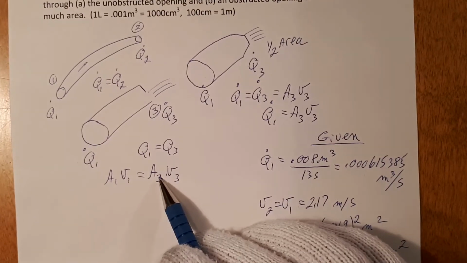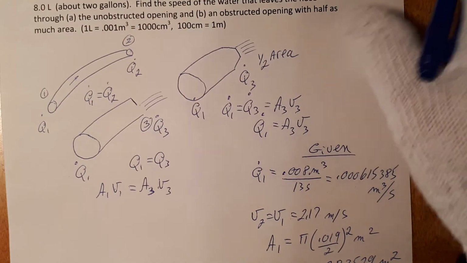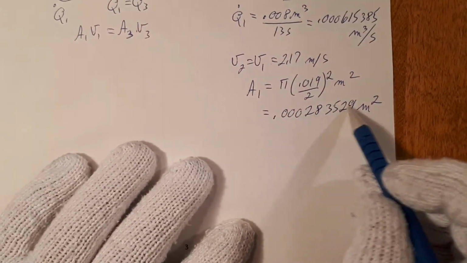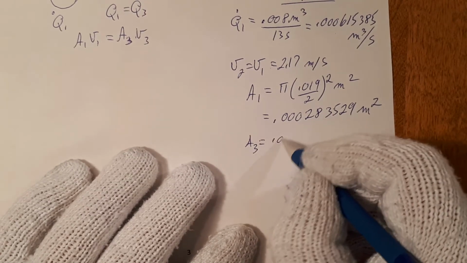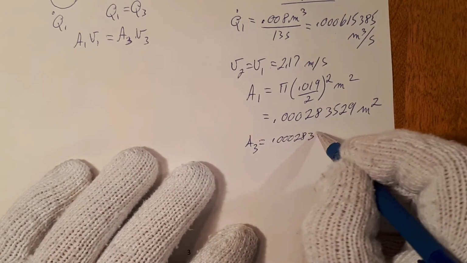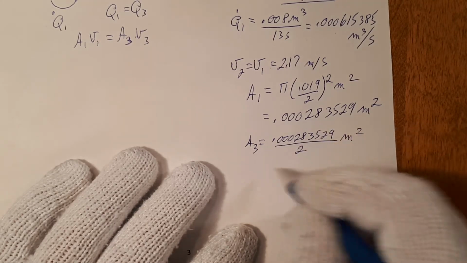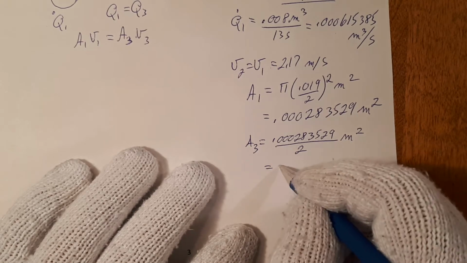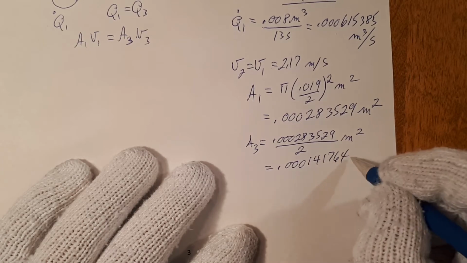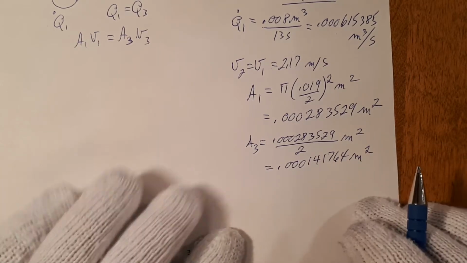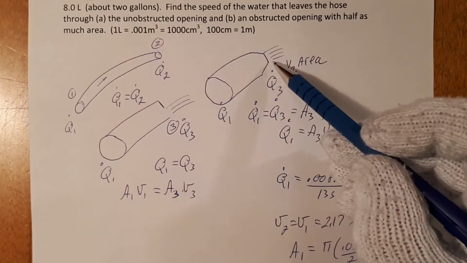And the area 3 is going to be half the original area, half of this. So area 3 is half of that. It's equal to this value. Half of it divided by 2. Put this in the calculator, the number is 0.000141764 meters squared.